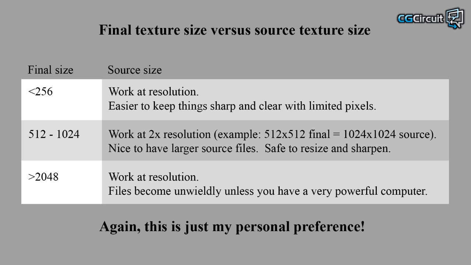So once you start getting into textures that are 2K or larger, then I start to work at that resolution again, and that's because the files just become really unwieldy. Unless you have a very powerful machine with tons of RAM, working with 4K texture maps, with tons of layers and stuff, can really kill your machine, and everything will slow down.